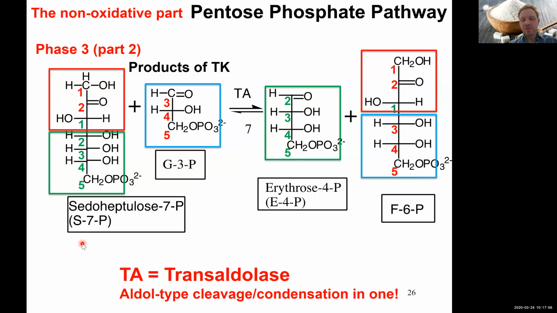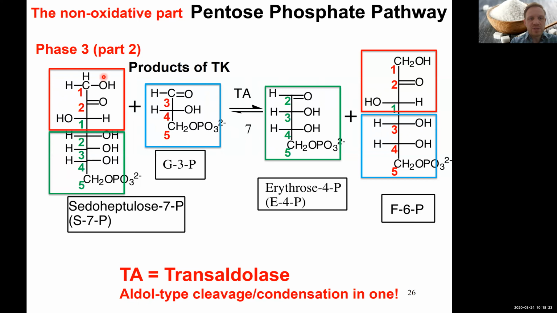It is an aldol-type cleavage and condensation reaction, but it's actually happening in one step. So again, what do we want to do here? We have our sedoheptulose 7-phosphate and our G3P. These were products of the transketolase you just saw. Now the aldolase kicks in. It will cleave, doing a traditional aldolase reaction.